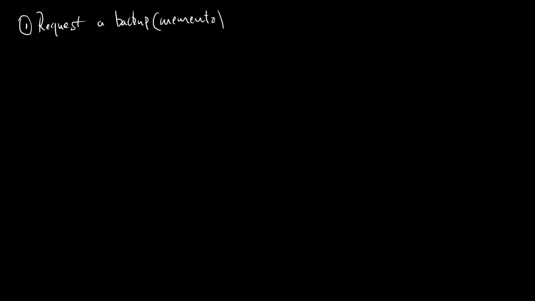In other words, the process for creating a backup and restoring involves these simple steps, right? Number one, you want to request a backup or Memento from the originator. In other words, what you're doing here is you're calling the get Memento function, whatever you called that function.